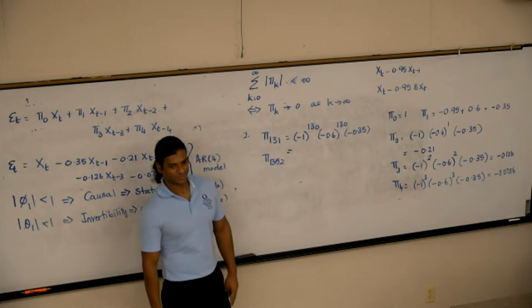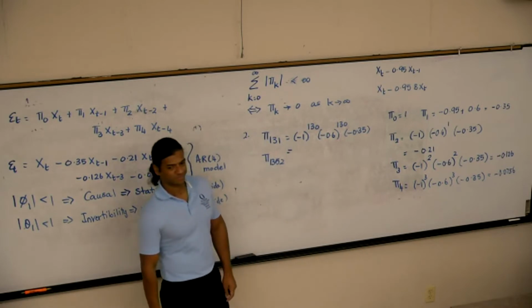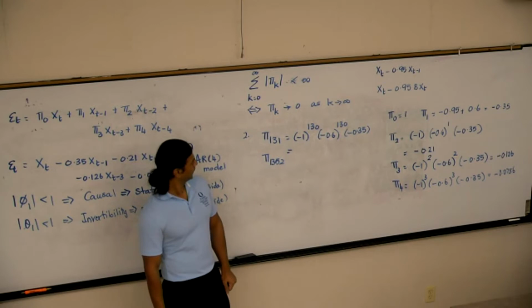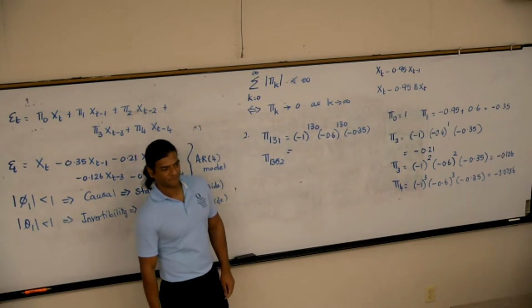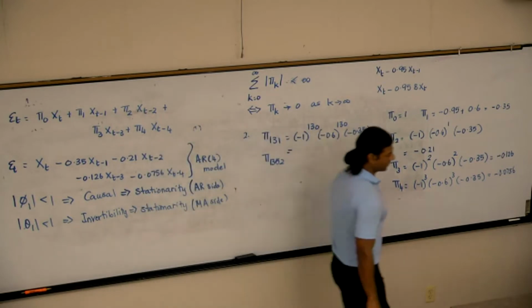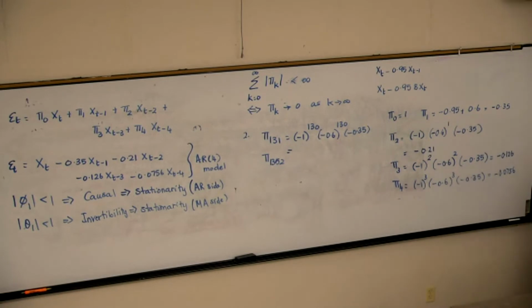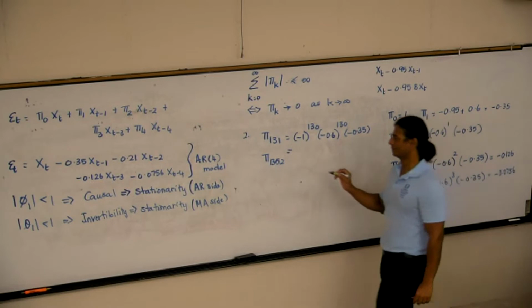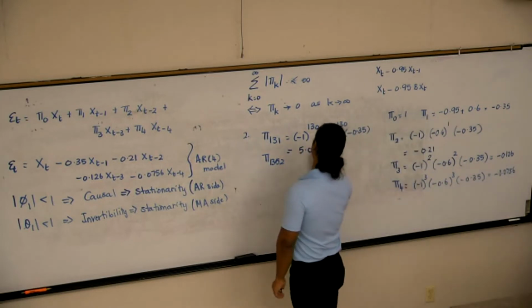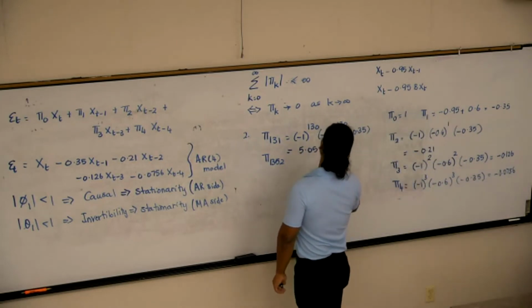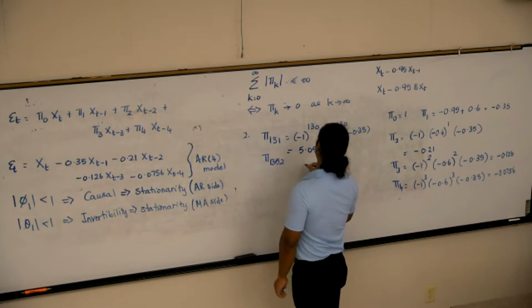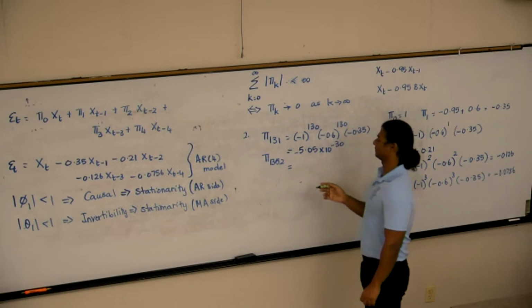It's going to be very close to zero. I just want to make a case. It's about 5.05 to the negative 30th, or whatever.